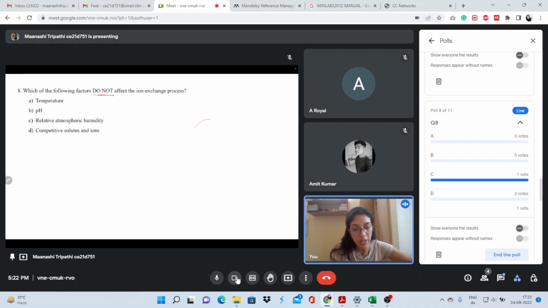The same thing will be there, a bulk phase and the pore, but the change is that something will come in and another thing will go out. For example, A is coming in and B, which was already there, is going out. So this is ion exchange.